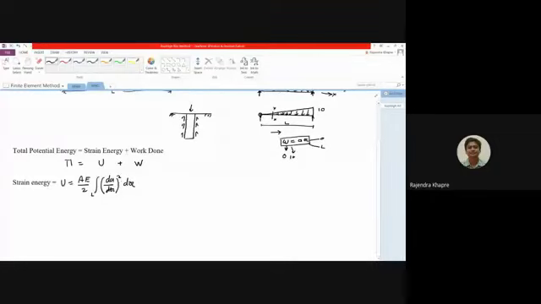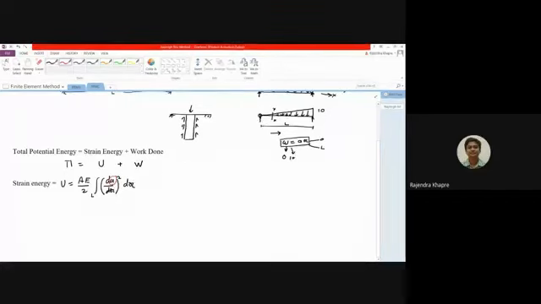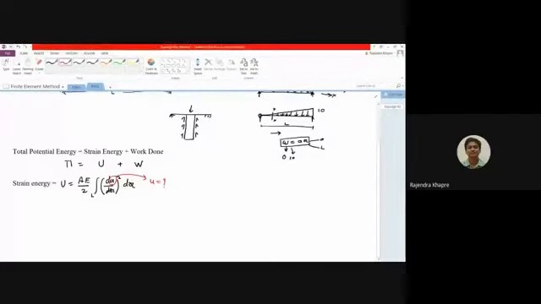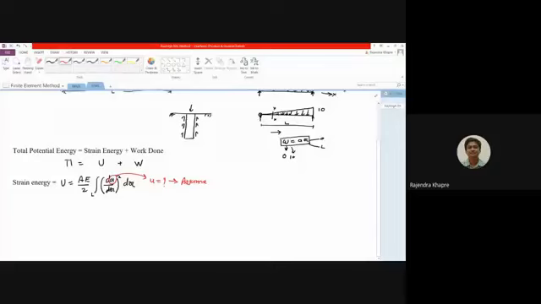Okay, so now in order to calculate the strain energy, you should know the value of u. And if you remember correctly, we have to assume this value, isn't it? So we have to assume this.